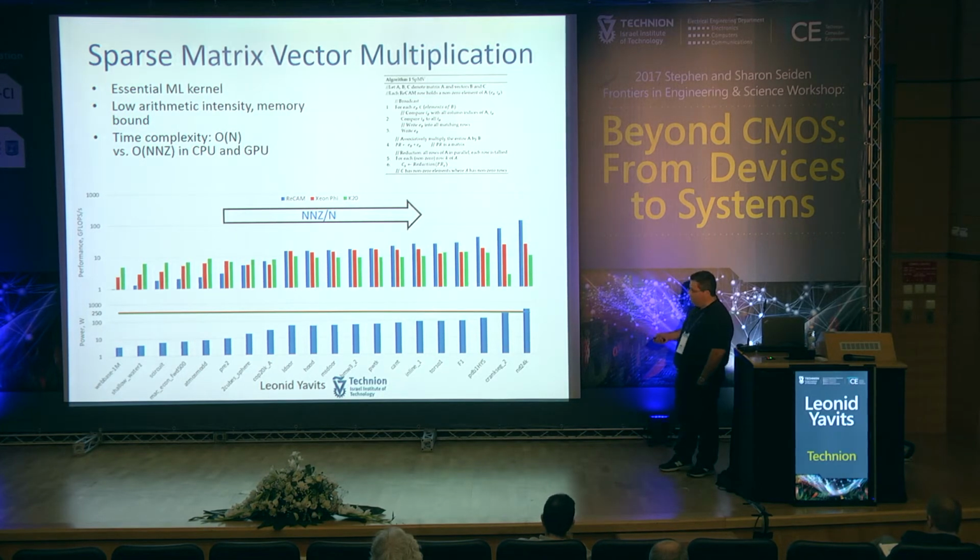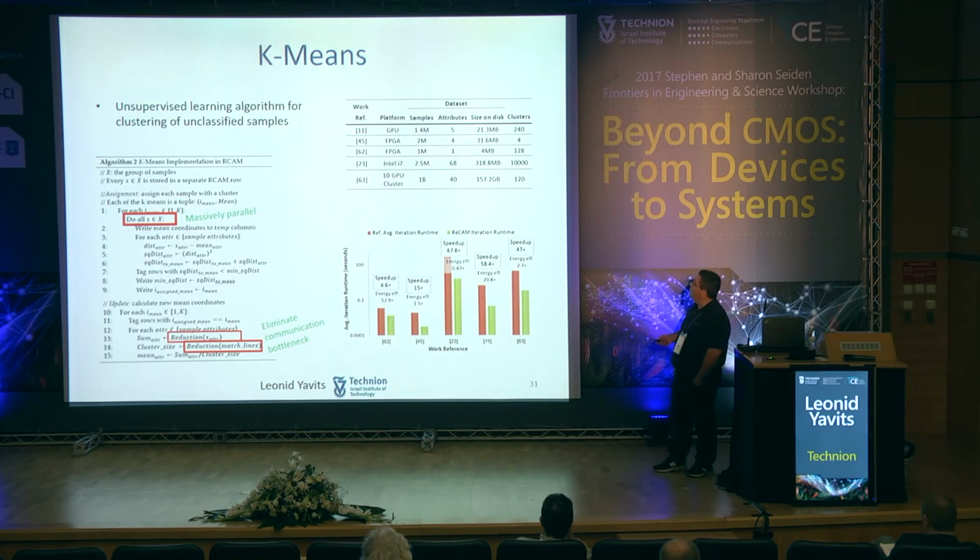Those are 20 matrices from the University of Florida sparse matrix collection with nnz ranging from a few hundred millions to almost a billion. And in power efficiency, we also outperform existing solutions, although not by a huge factor, again, because of the very costly write, which we do all the time.